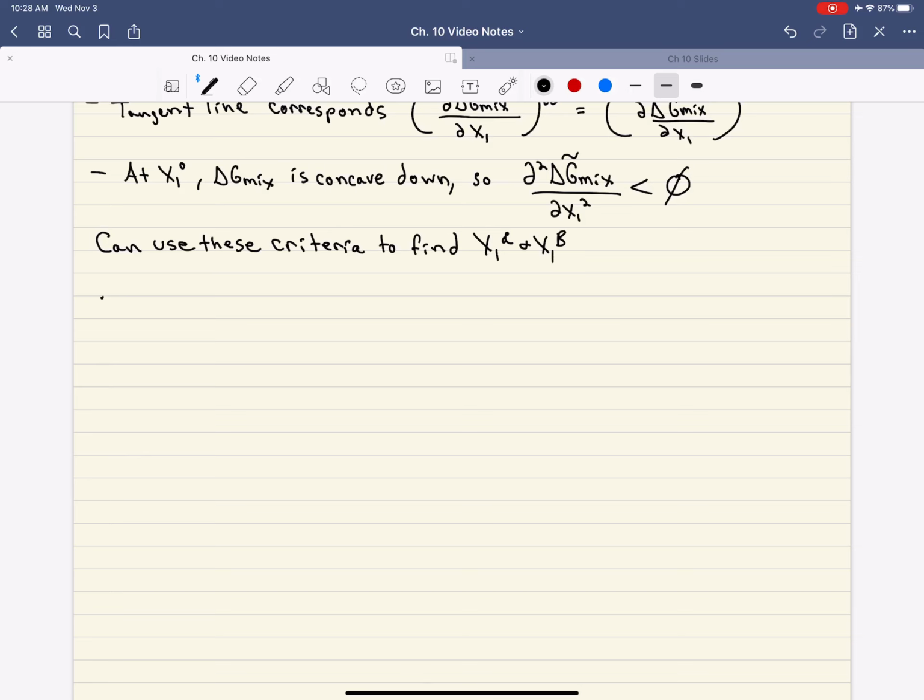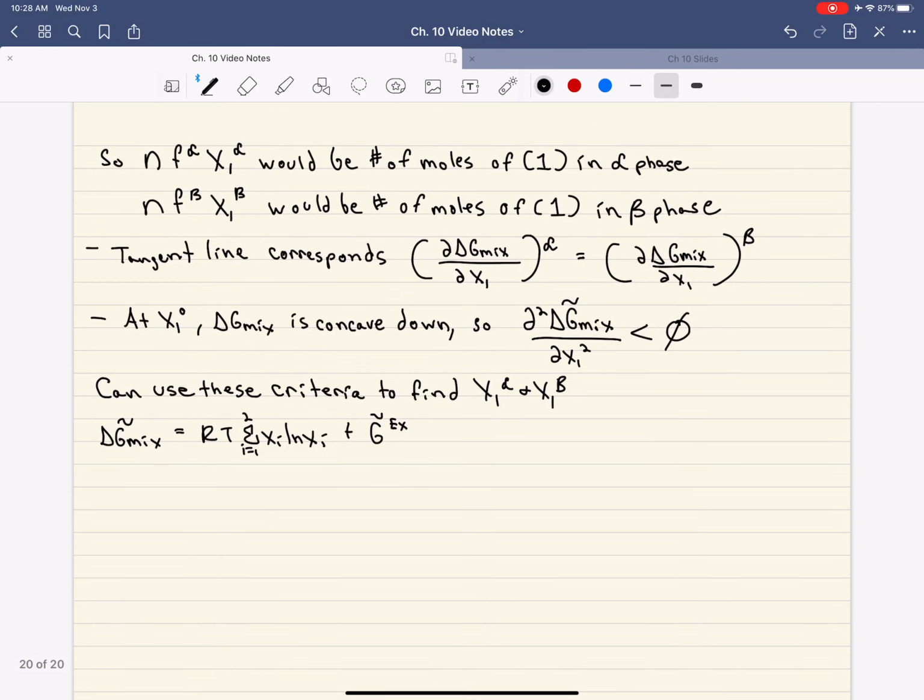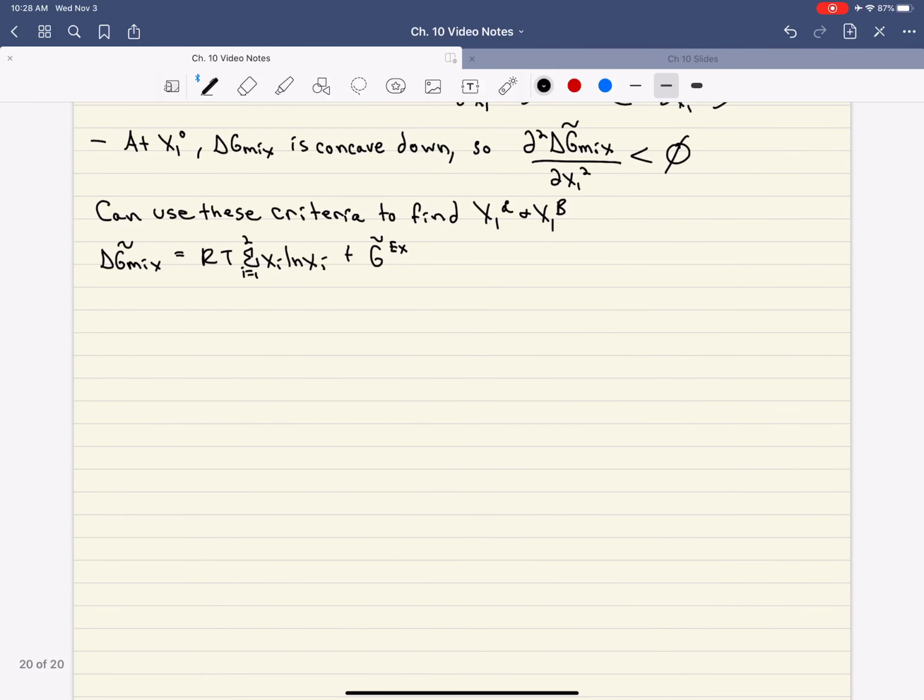And so let's start with our delta G of mix equation, which was just RT summation of xi ln of xi plus that excess Gibbs energy. Right. The tangent line says that the slopes at alpha and beta have to be equal. So what we should do is just take the derivative of delta G of mix with respect to x1.